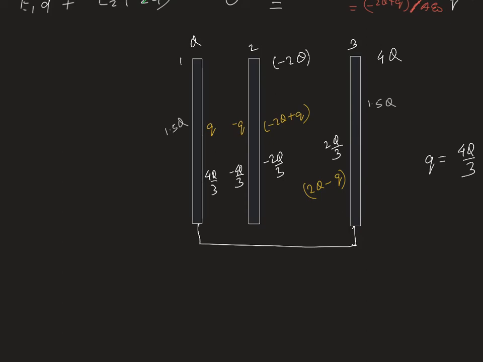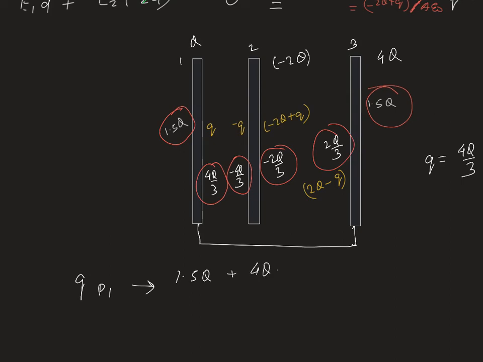Now I want you to see if the charge on plate 1 and 3 is actually conserved or not. So let me mark it out. These are the charges here, so that you don't confuse it with the yellow portions. Sorry. So what is the charge on plate 1? The charge on plate 1 is 1.5q plus 4q by 3.